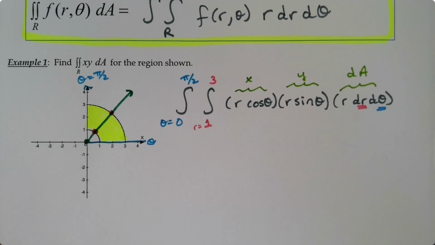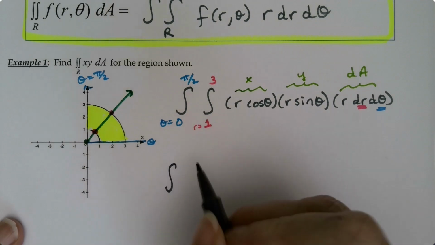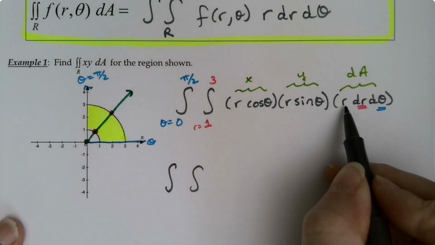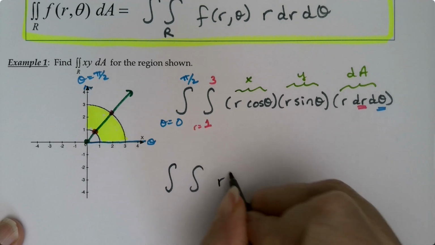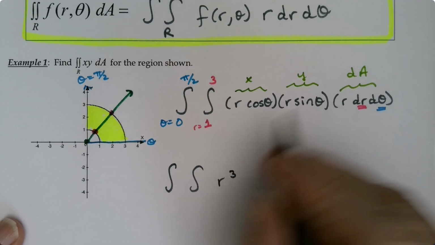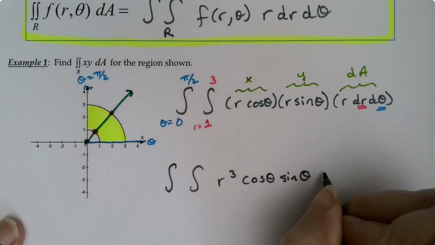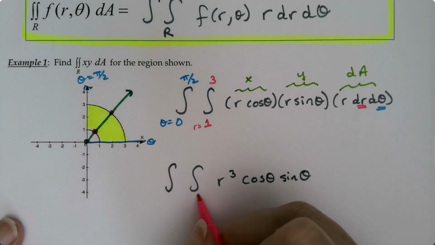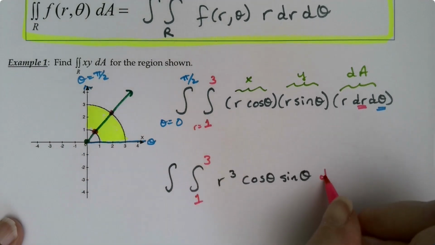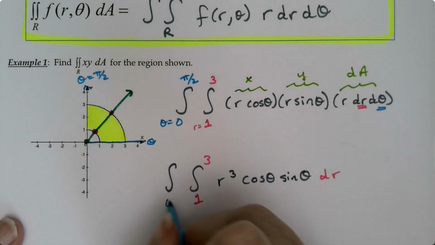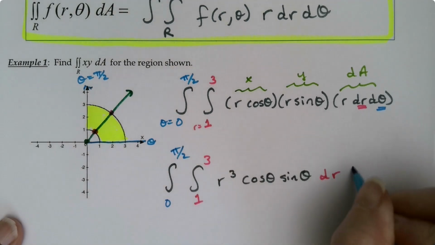All right, so let's rewrite all of this. R times r times r, there are 3 r's there, so that's r cubed, cosine theta sine theta dr. I'm actually going to write this 1, 3, dr, 0, pi over 2, d theta.